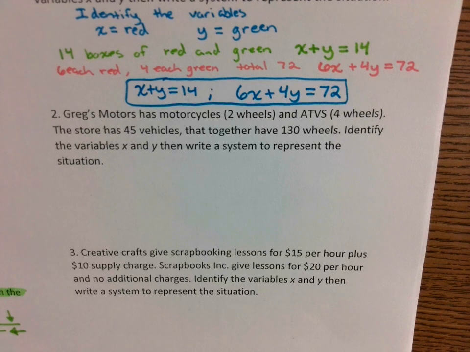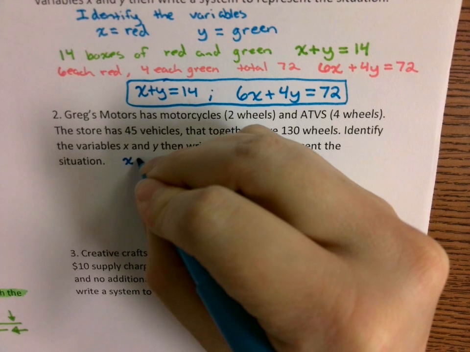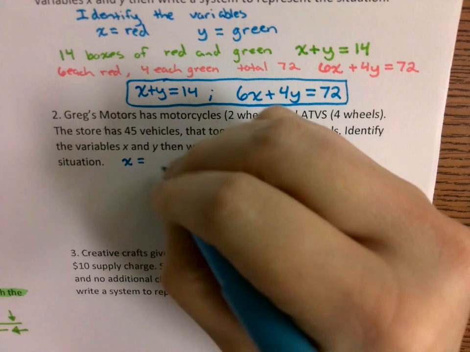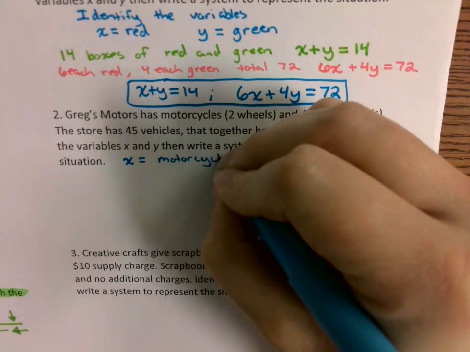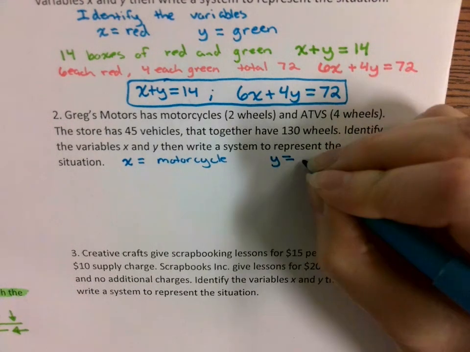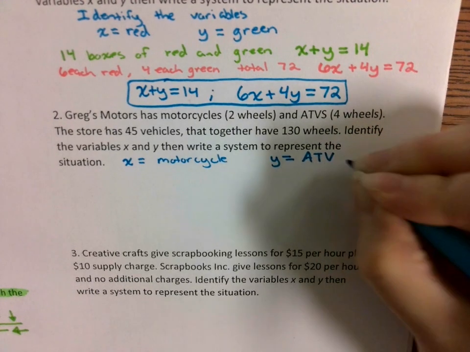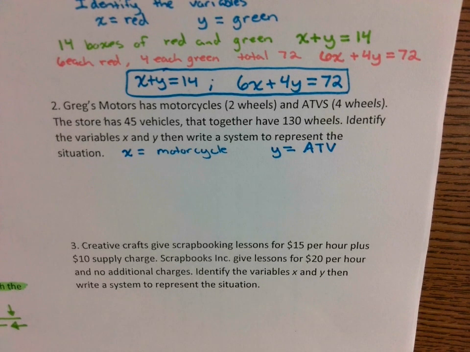So here I'm going to indicate that X is going to represent my motorcycle, and Y is going to represent my ATV.